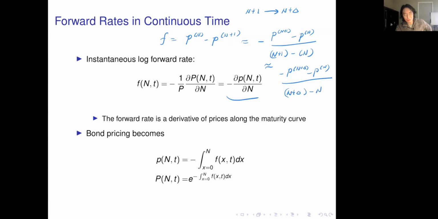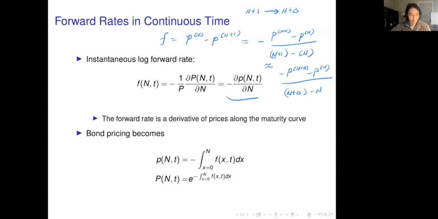So basically, forward rate is the derivative of prices along the maturity curve. How the bond prices change over the maturity is basically the forward rate. Then what is good about the forward rate is that forward rate describes the pricing of a bond.